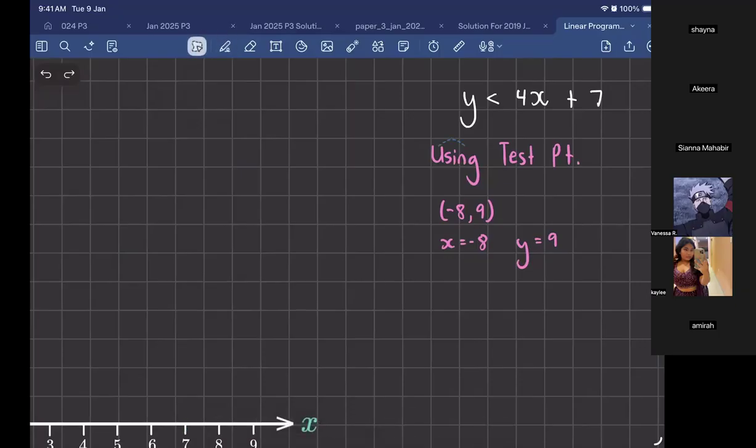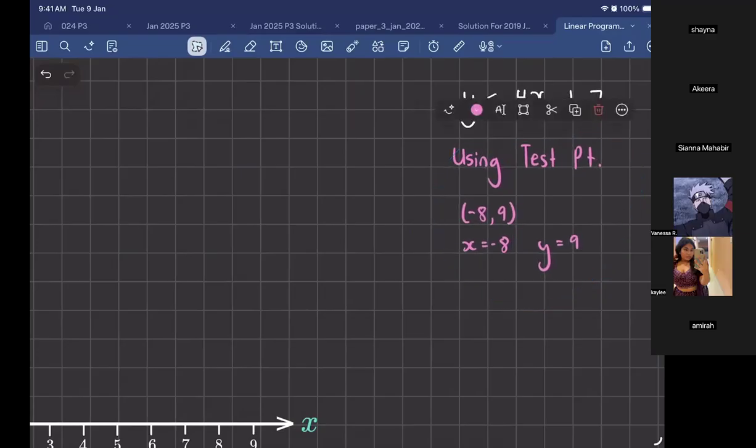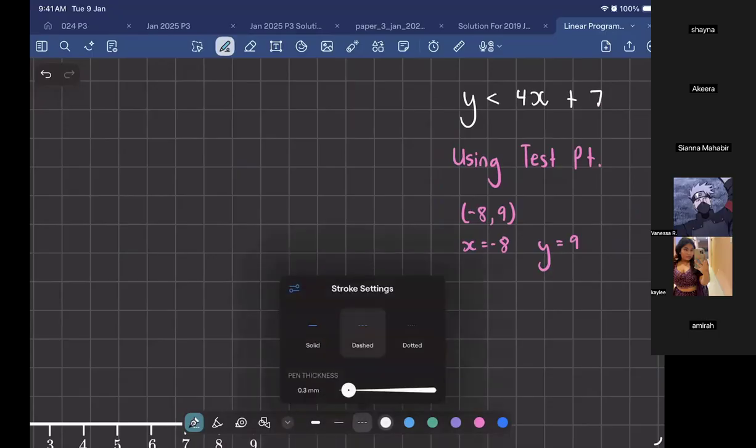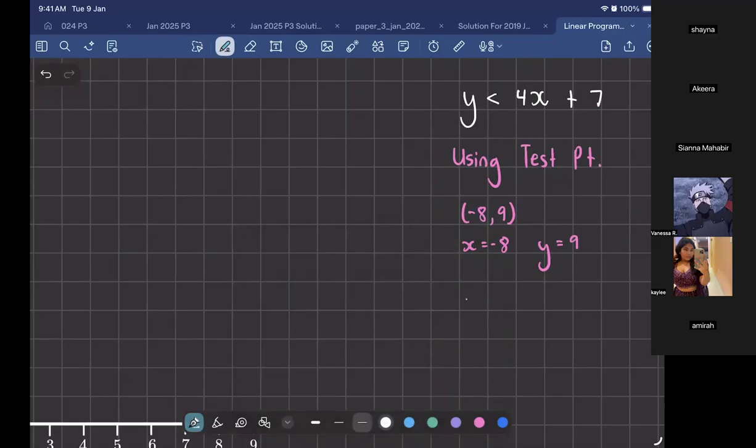Right. So again, we're going to substitute our values into this, but leave out the sign in the middle for now. So you tell me what to write. Y is 9, so we're going to write 9, and then 4 brackets x minus 8, plus 7.